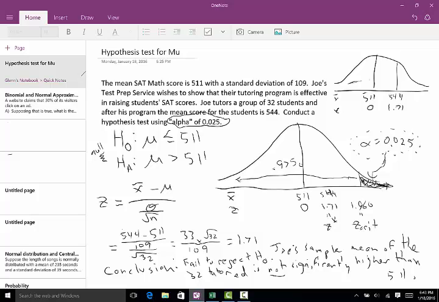First I found this area. I needed this area. And that was 0.0434, and that was found by doing 1 minus the probability associated with 1.71. That is called the p-value.